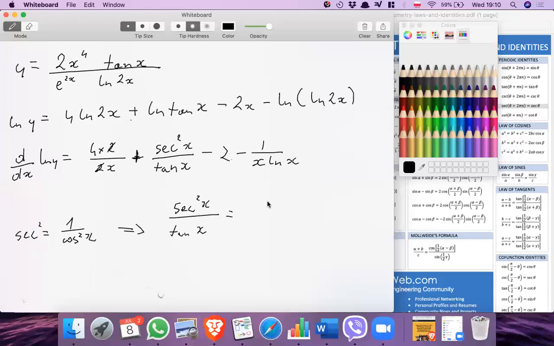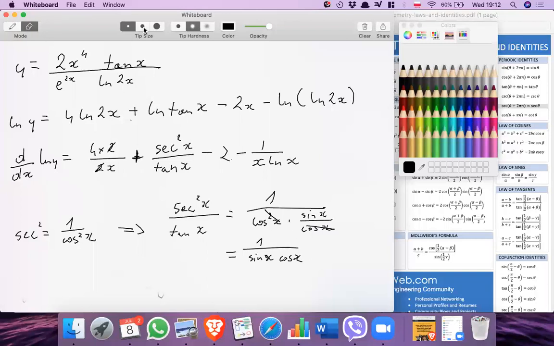So sec squared x divided by tan of x is the same as 1 divided by cos squared x by sine x over cos of x. And that will simply cancel. So we're ending up with 1 over sine x cos x.